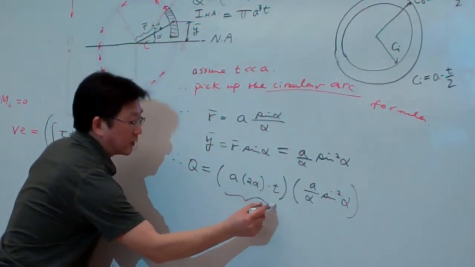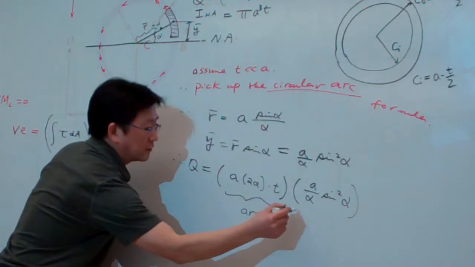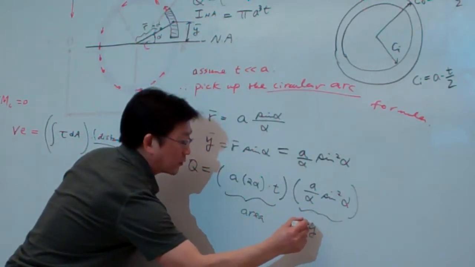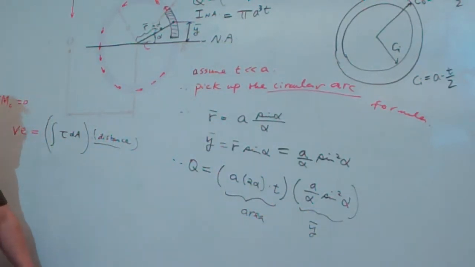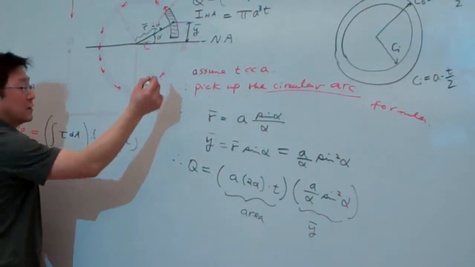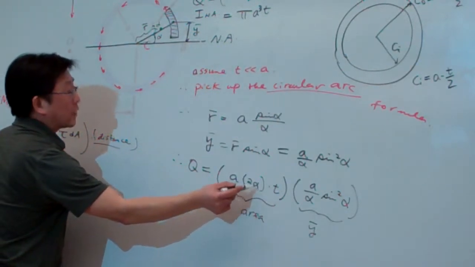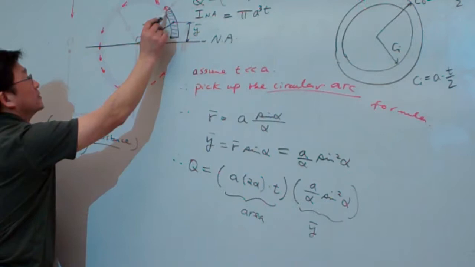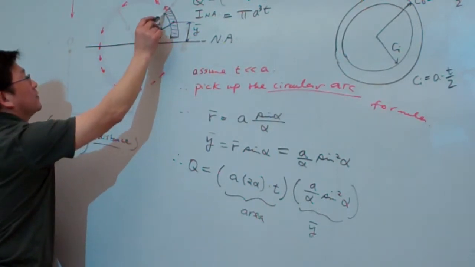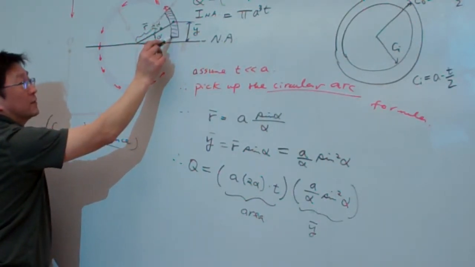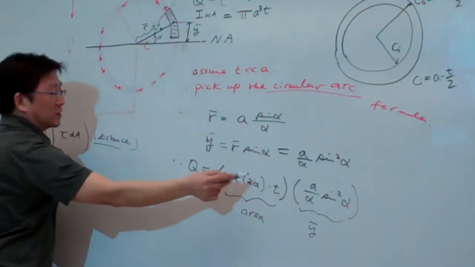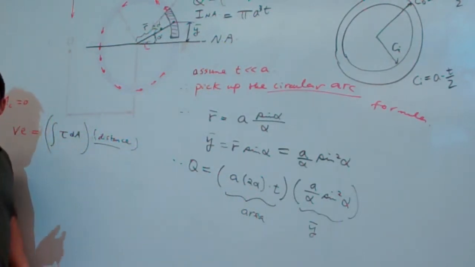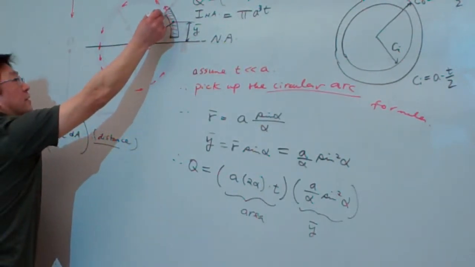This one is the area, and this one is y bar. The area is simply A times 2 alpha, the radius times the angle gives us the arc length, right? The arc length multiplied with T gives us the area. So A times 2 alpha is the arc length.